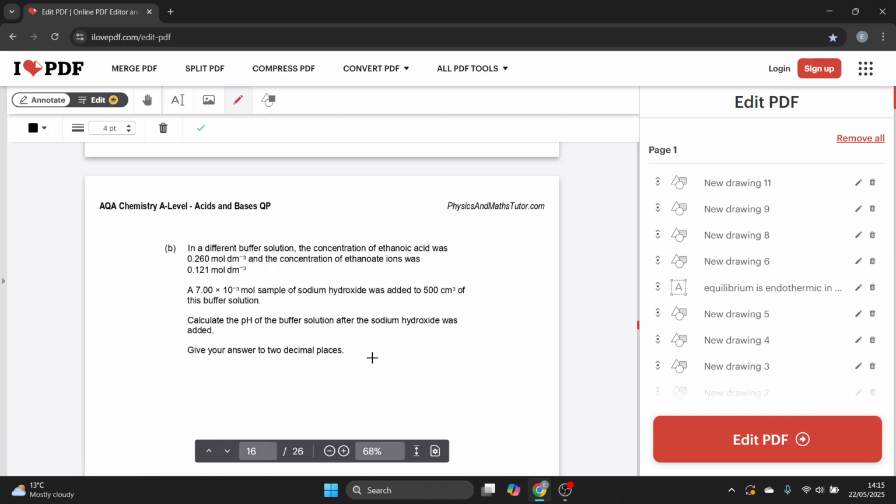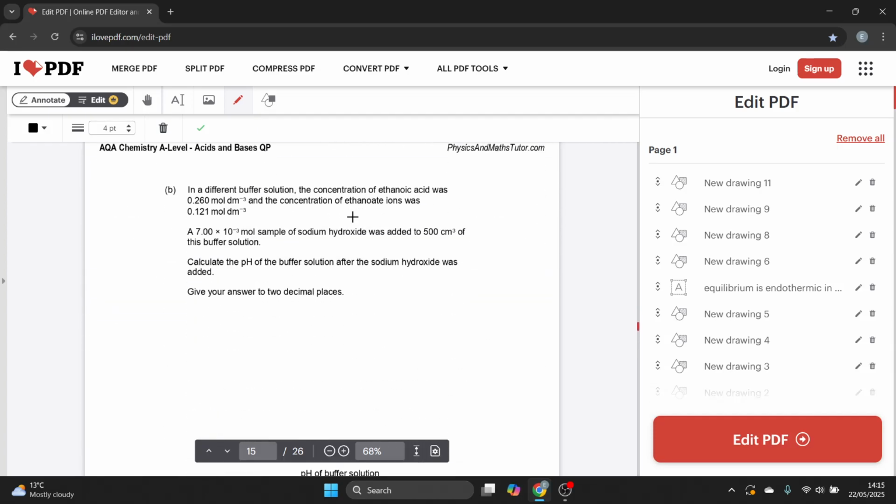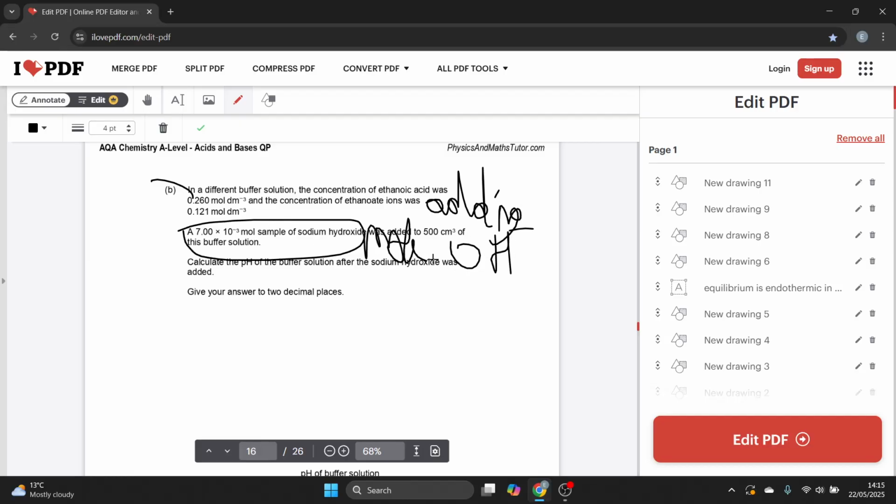So same thing as the previous question, but it gives you a buffer solution, then it tells you you're adding hydroxide ions, which is so many moles of this. So the only difficult part is that I've got concentrations, I want moles, so I need to work out moles of ethanoic acid.